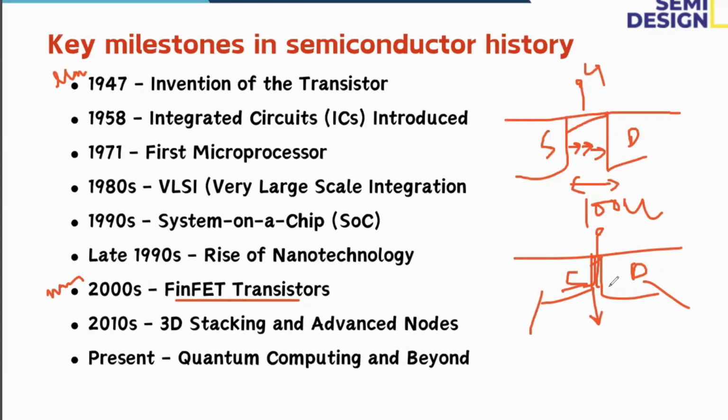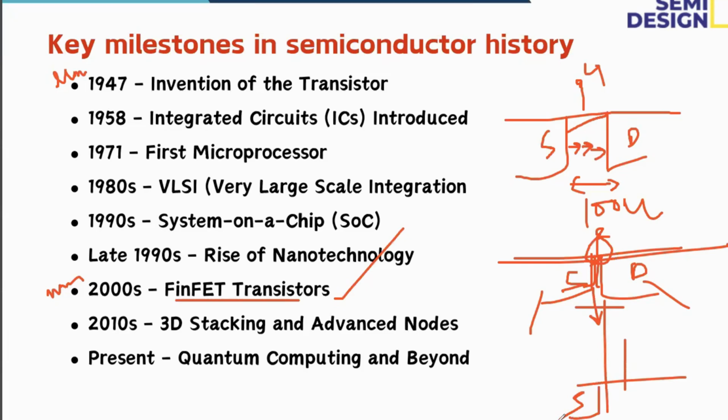It loses its own functionality. So from CMOS, we have moved to the FinFET transistor. What is the FinFET? Same as CMOS, but the gate is not taken in a horizontal fashion; we consider it in a vertical fashion. If you go through the earlier demo session, you will find the diagram of FinFET.